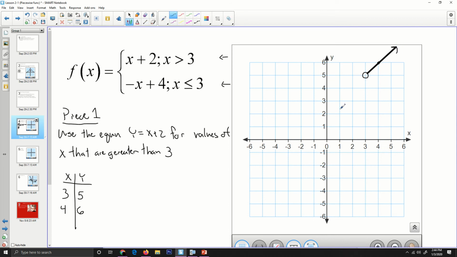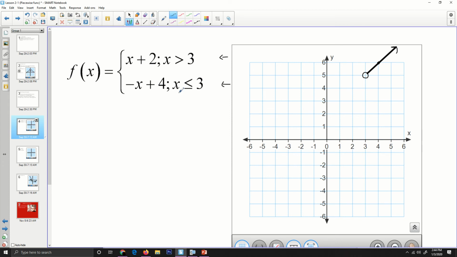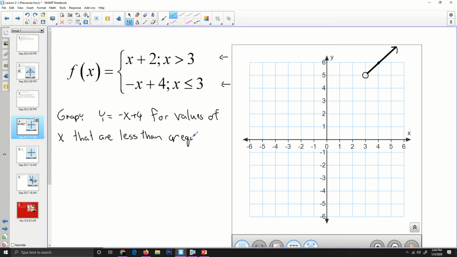Now for piece 2, I'm going to erase this, you may want to put it on a separate sheet of paper here. For this second piece, we are going to graph y equals -x plus 4 for values of x that are less than or equal to 3.